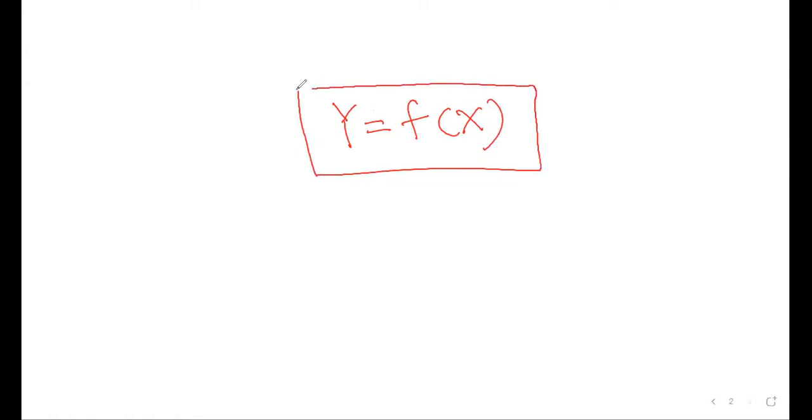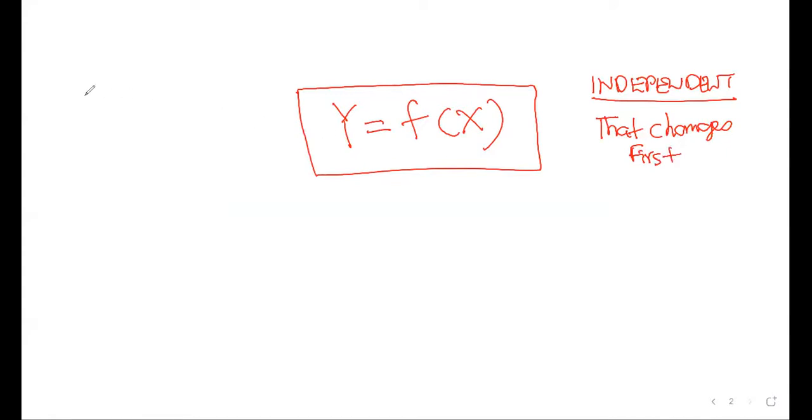Now I'm going to do it verbally. The independent variable by definition is always the variable that changes first. Do we agree? What is the dependent variable? The dependent variable has two characteristics, and both have to hold at the same time.